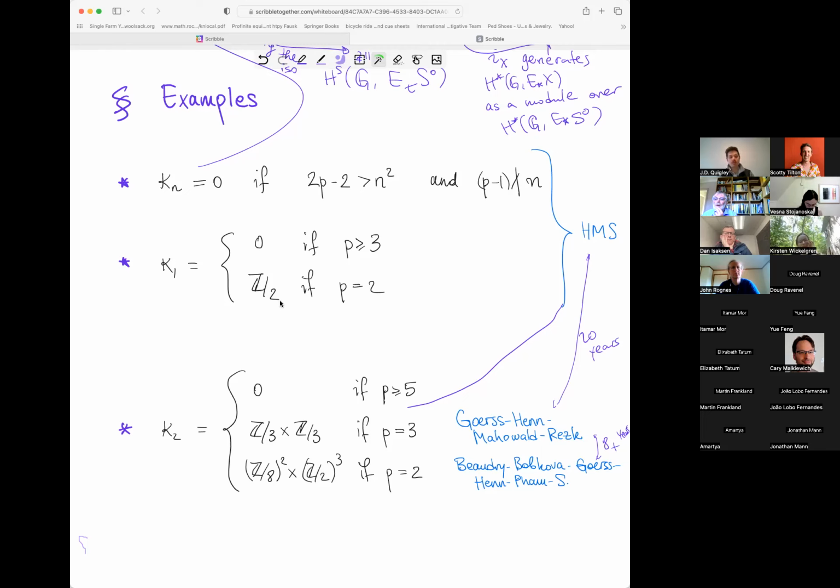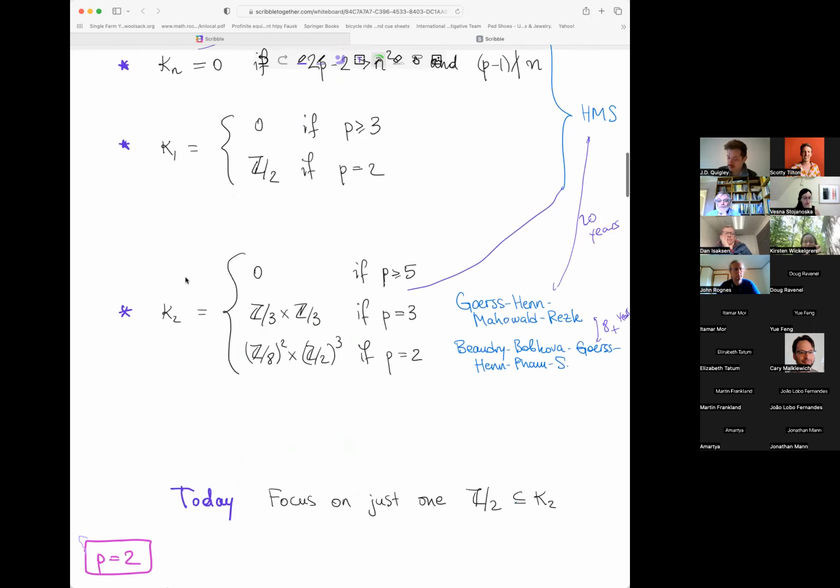And you see the rank of this group is even larger. There's 2 Z mod 8s now. It's not all simple p-torsion, so there's more fun going on in there. Okay, so for today, we'll just focus on one of these Z mod 2s in kappa 2. And the reason why this list ends is because that's all we know.